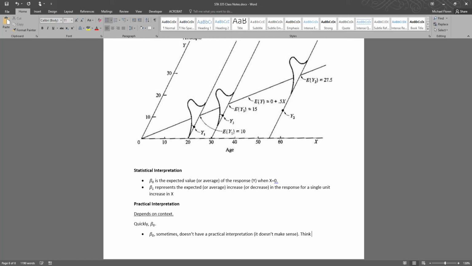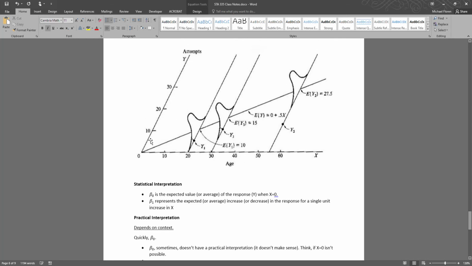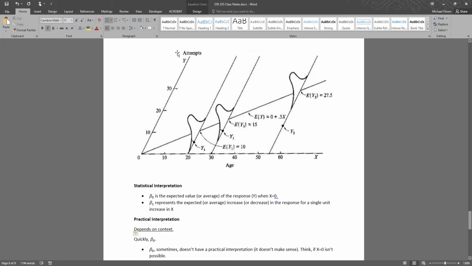Think that if x equals 0 isn't possible, that's a case where we may not be able to interpret beta 0. So let's say that it's not possible. This is the number of attempts. And we're going to talk about an example right now. That's the number of excellent throws that you make in Pokemon Go, and then how old the player is.